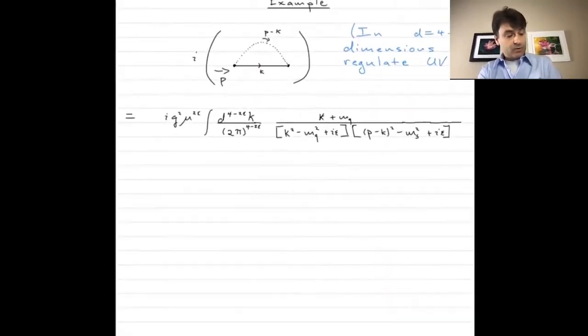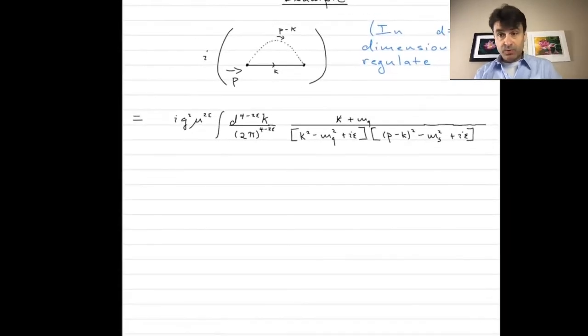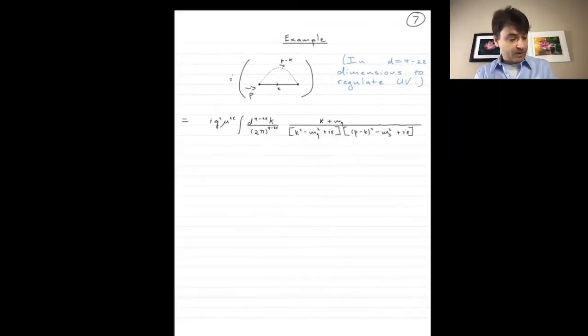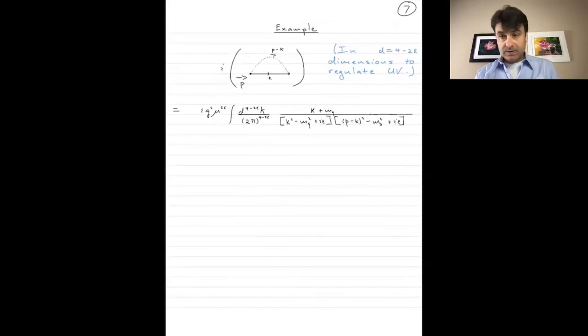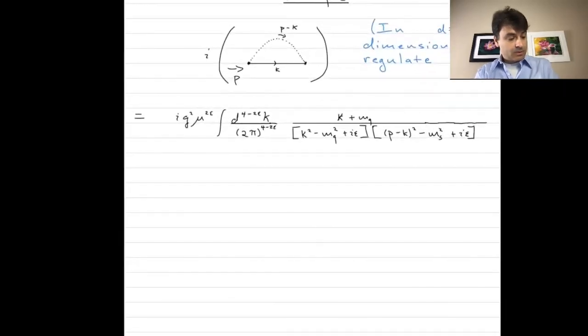And if you just assemble the pieces of the Feynman rules, you should get something like this. So we've got the i, because it's i times the sum of one particle irreducible graphs. This is the only 1PI graph at order g squared. And then you've got the integral over the loop momentum.